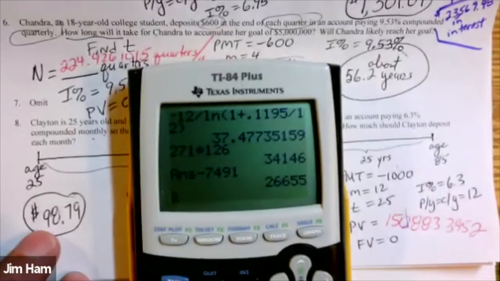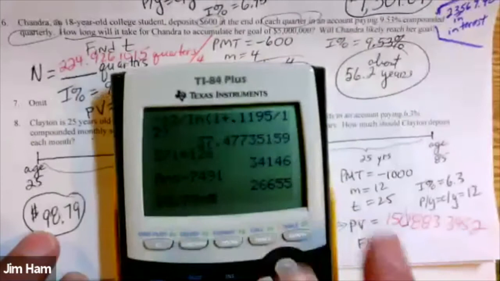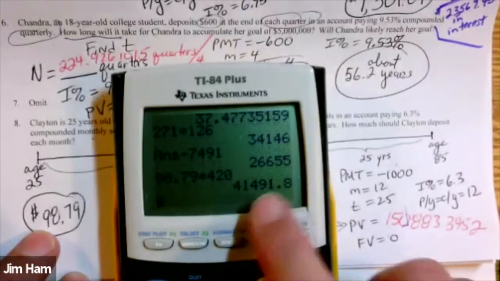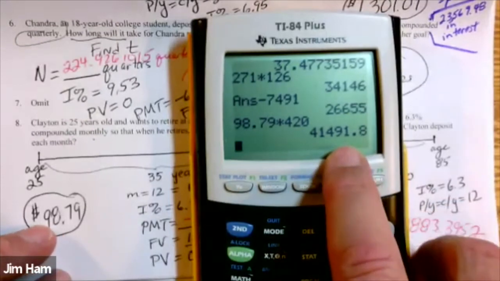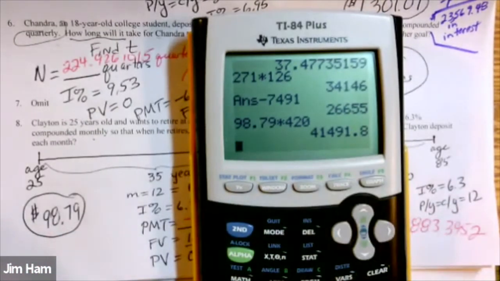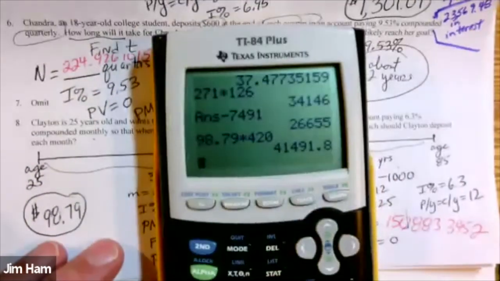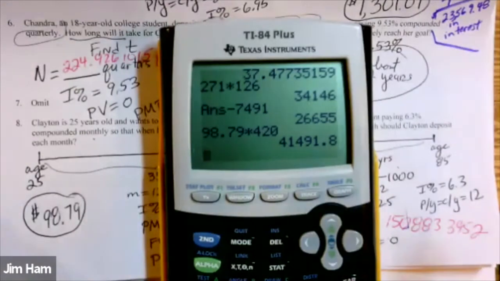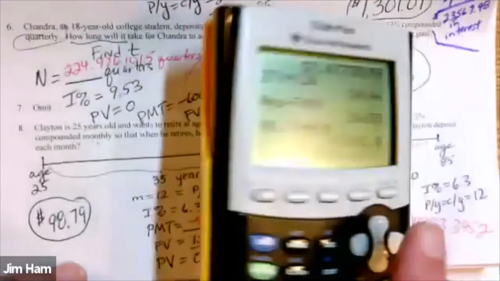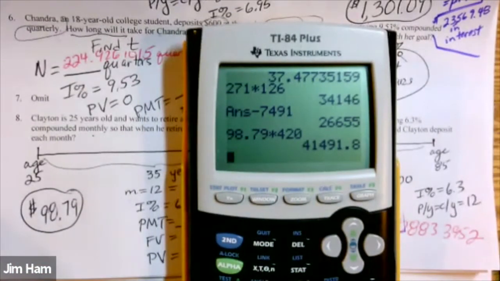By the way, 98.79 times the number of times we made that payment, what was that, 420? This is how much that Clayton actually invested through this entire 35 and 25, 60-year period. This is how much he contributed, and he contributed it all in the first 35 years. $100 every month.